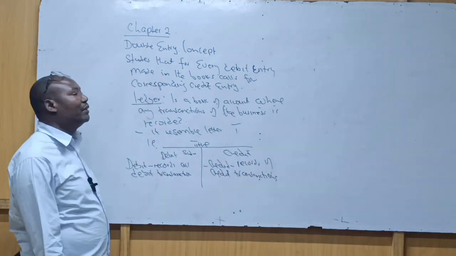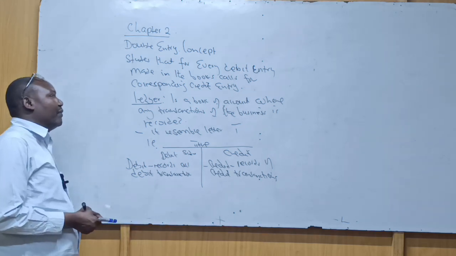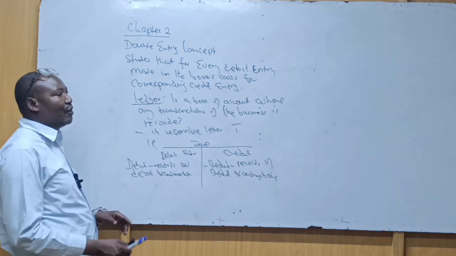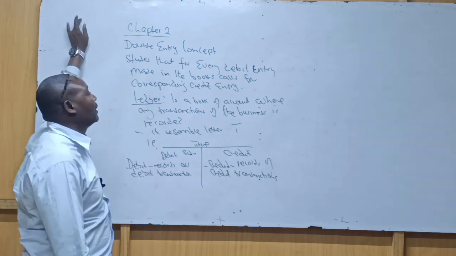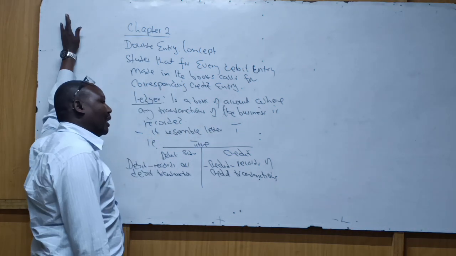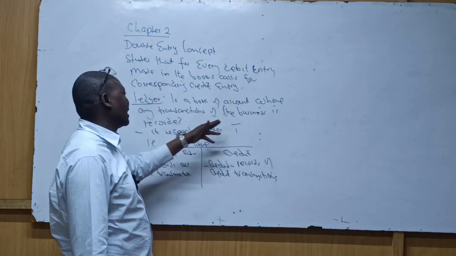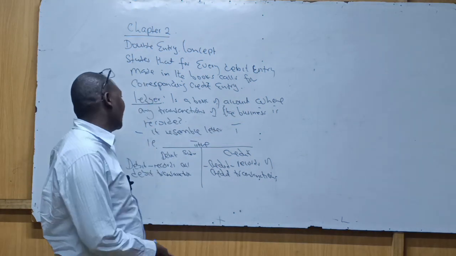That's the introduction. The double entry is a concept that dictates that for every debit transaction, there is a corresponding credit transaction, and we put those transactions in the ledger, where a ledger is a book of accounts where any transaction of the business is recorded.